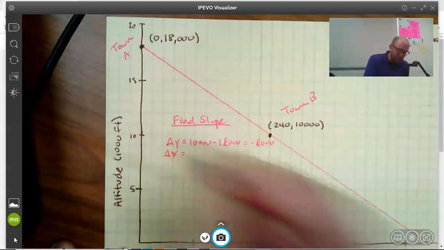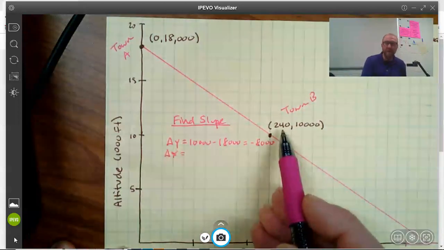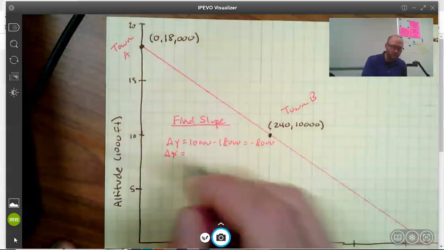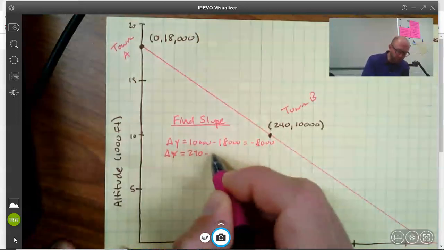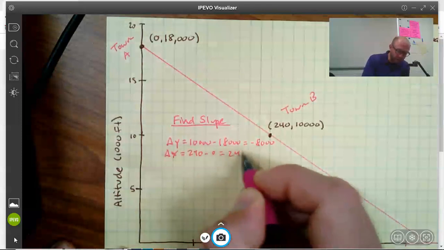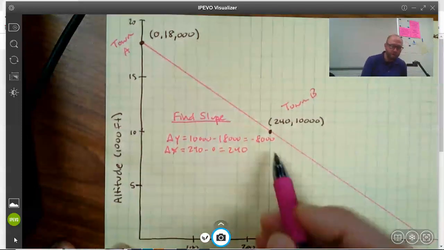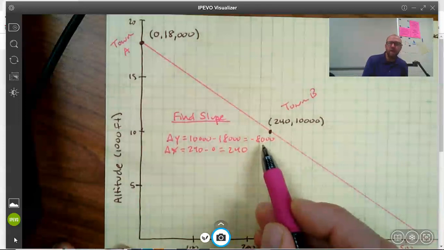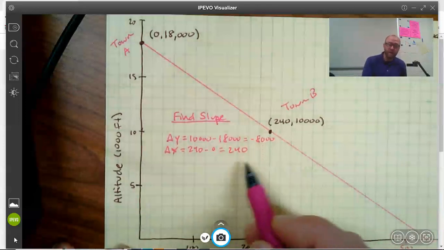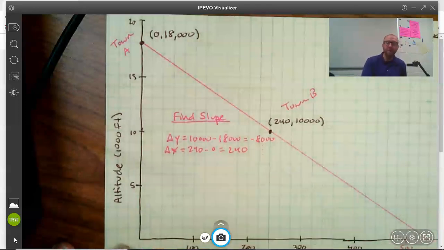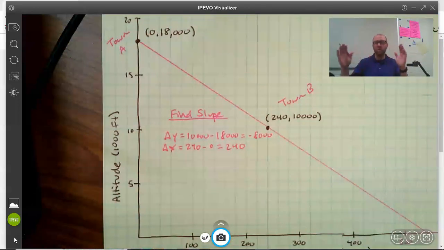Our change in x is end minus start, so 240 minus 0 is 240. And remember, this represents negative 8,000 feet, and this represents 240 miles. Keeping in mind that the 240 miles is distance along the ground, and the 8,000 feet is an 8,000 foot drop going down. So we're going to be looking at feet down per mile forward.